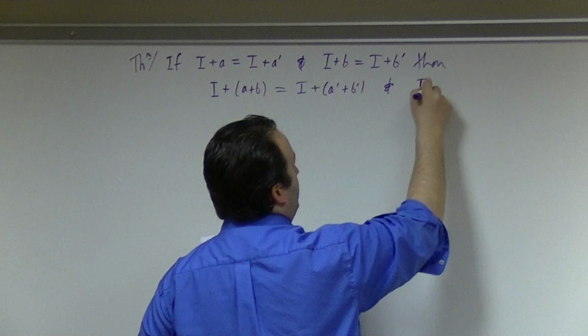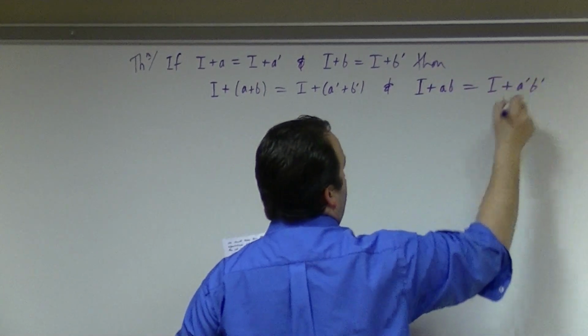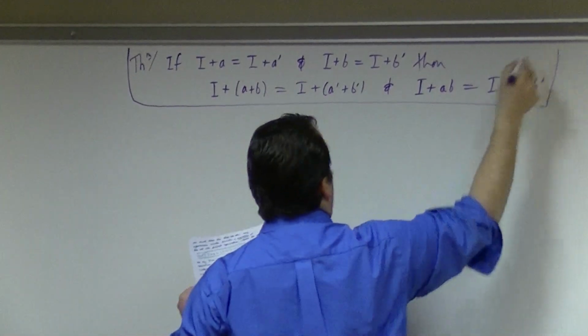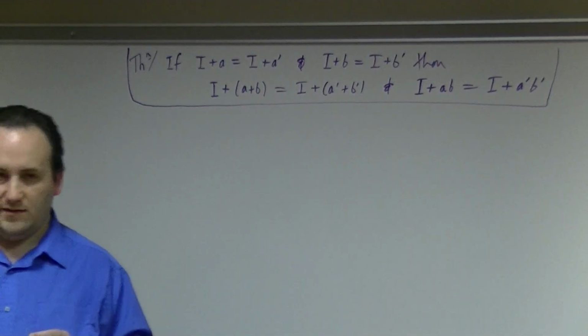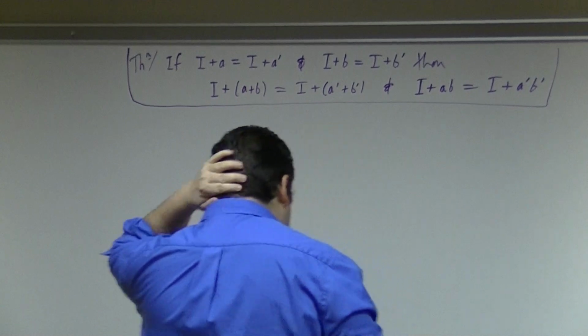What I say is that I plus AB is equal to I plus A prime B prime. If we have these equalities, that proves that the definition I was just talking about is well defined, right? So the definition is independent of the choice of the representative.